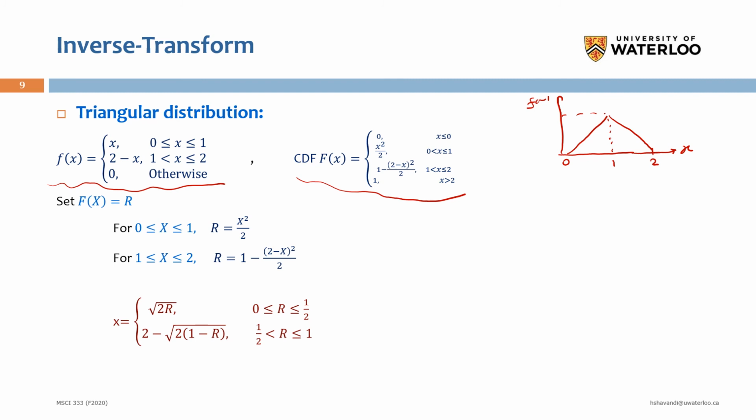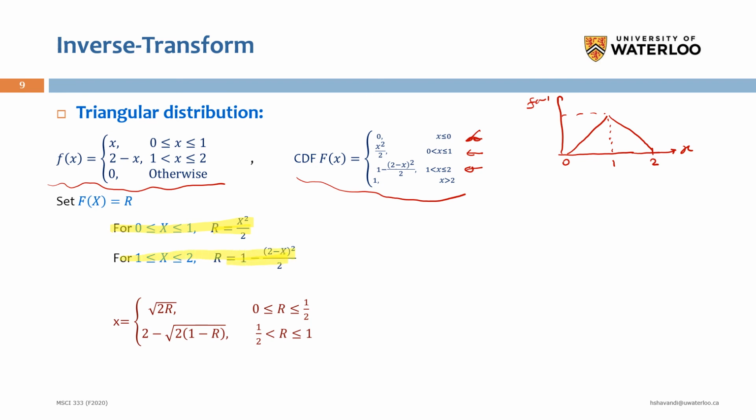As you see, we have four intervals, but we are going to deal with just two of them. For x between 0 and 1, we have this equation, and for x between 1 and 2, we have this equation.